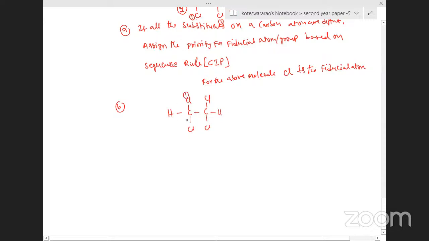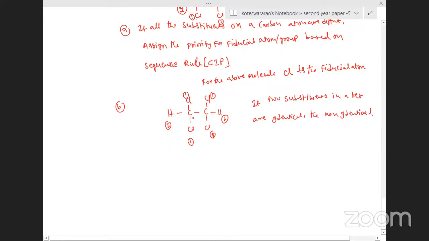Just give the fiducial priority to the low priority group. Suppose here 1, 1, and 2. The second one, hydrogen, is the least priority group, but we cannot decide the fiducial atom by using the higher priority groups. In such a case, the sequence rule is avoided or void. If two substituents in a set are identical, these two are identical, this one is the non-identical.